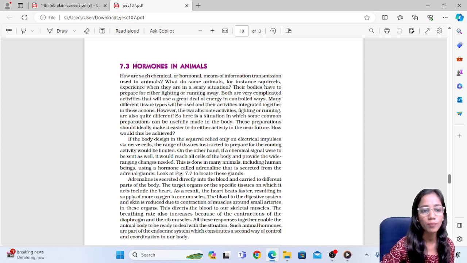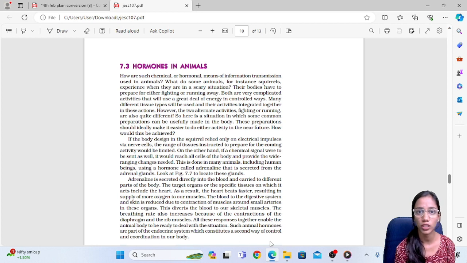This is because whenever we see a dangerous situation, for example a dangerous animal coming behind us, our immediate action is to start running, and we can run faster, and secondly our heart is beating much faster.